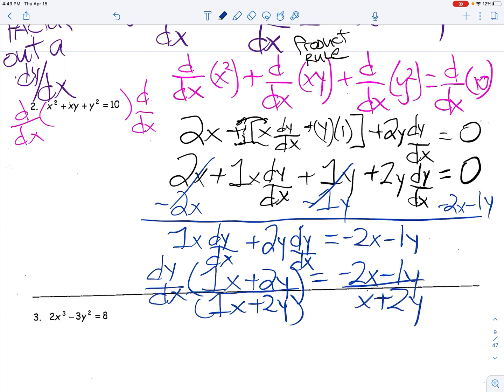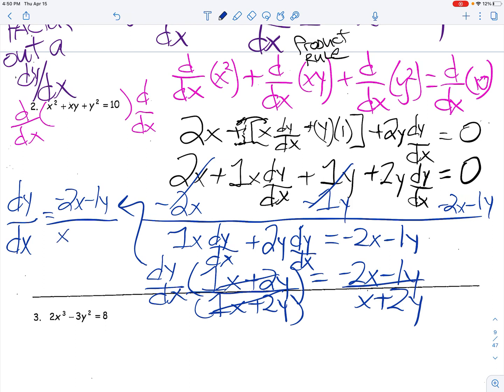And then isolate for dy dx now by dividing both sides here by 1x plus 2y. And there you go. Right, those guys cross out.